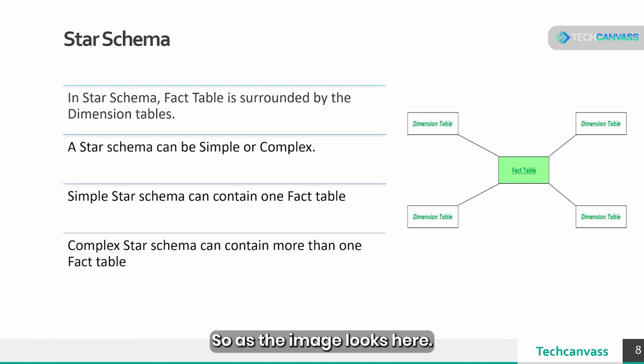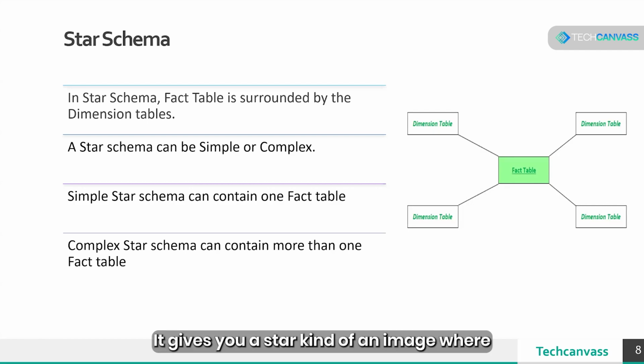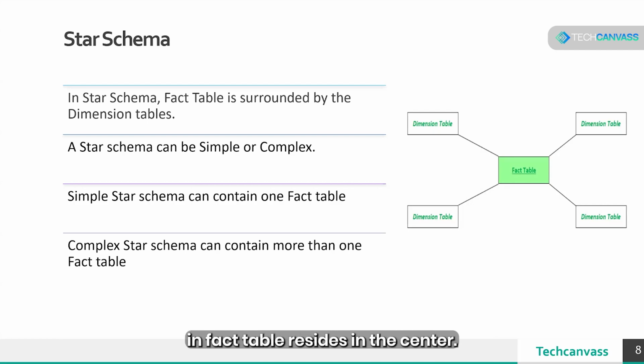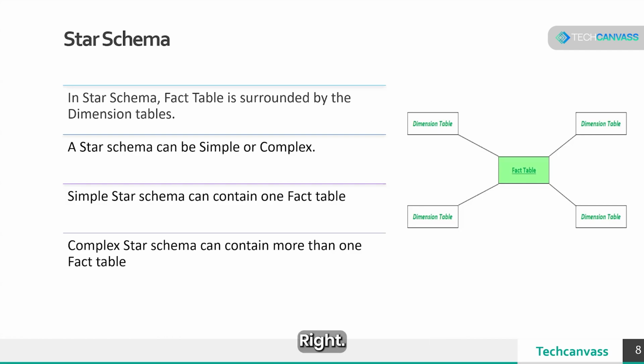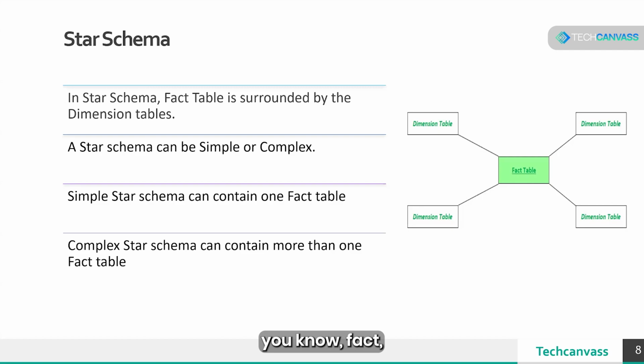As the image shows, it gives you a star-like image wherein the fact table resides in the center and all the dimension tables are related to it. The fact table holds the transactional data which we use for measuring purposes, and the dimension tables hold the other aspects of viewing that fact. This is what we are going to prepare in Power BI.